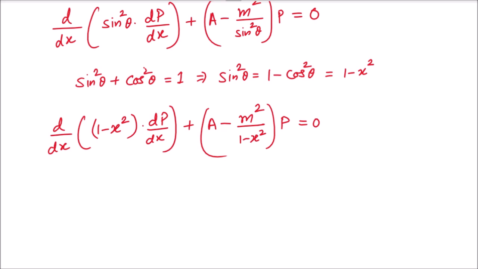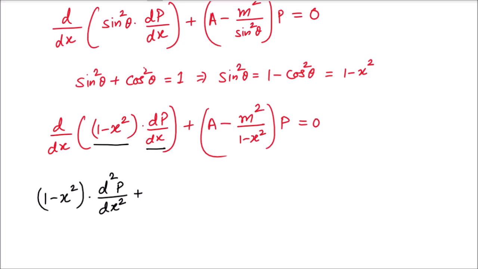Just apply the product rule: differentiation of 1 minus x square into dp by dx means first into differential of second, plus second into differential of first.